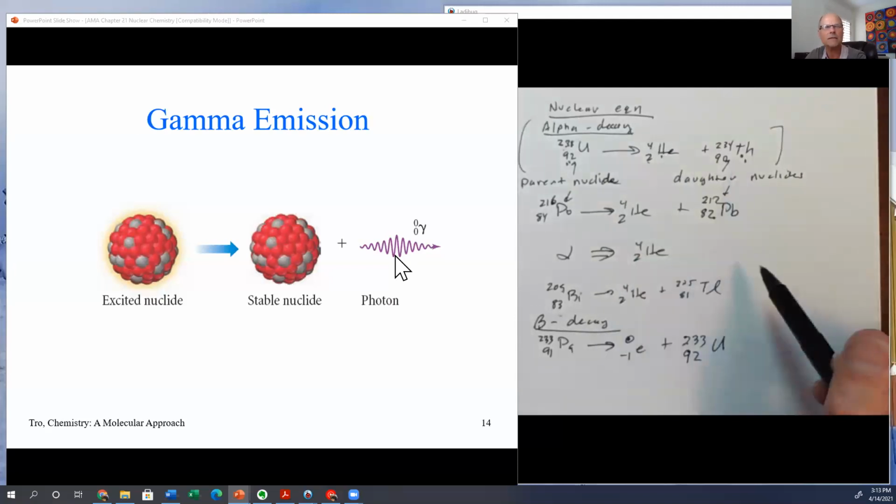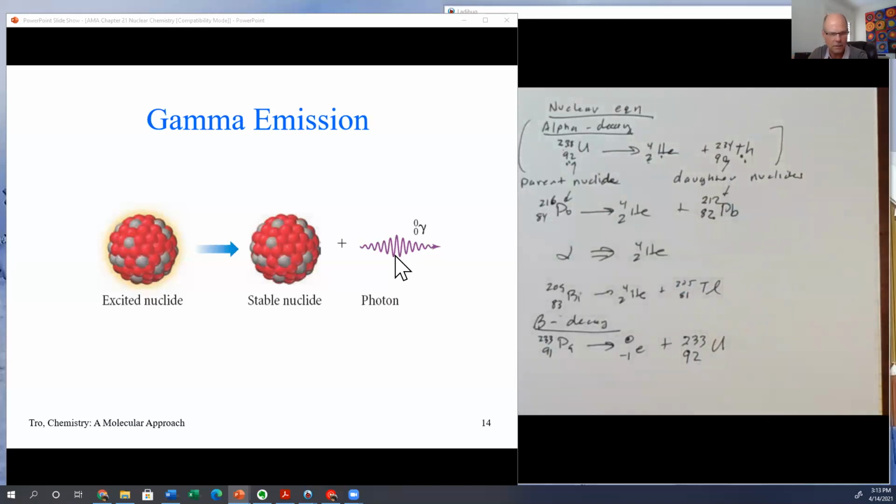When any of these processes happen, a lot of times the nucleus is left with extra energy, and that extra energy has to be given off somehow. One way it can give off that extra energy is by giving off a high energy photon.